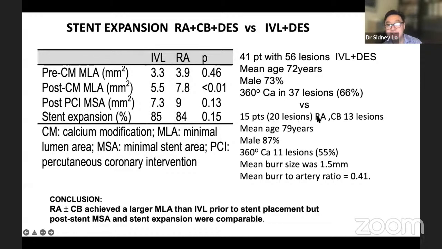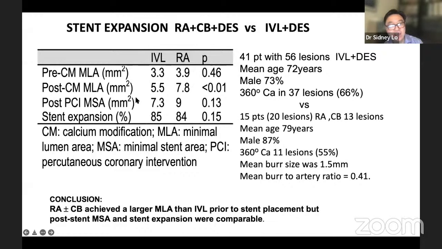We compared rotational atherectomy plus cutting balloon versus IVL and DES. And this is a mandated IVUS or OCT post IVL. The minimal lumen area after just IVL with that additional balloon dilatation was significantly less than rotational atherectomy.